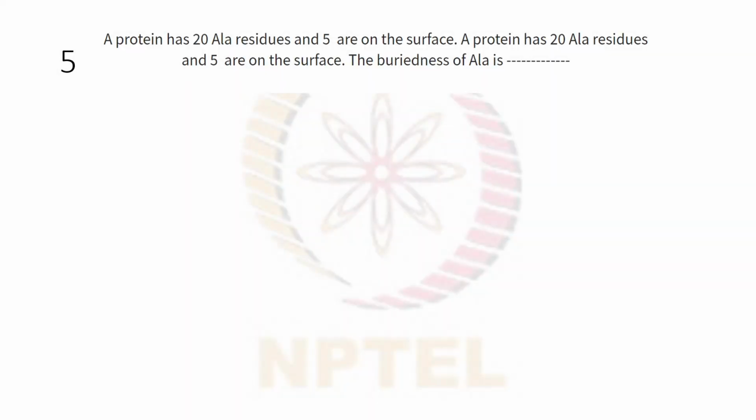Next, we'll start with buriedness and how to solve it. If a protein has 20 alanine residues and 5 of them are on the surface, can you calculate the buriedness of that alanine residue? I'm repeating the question again. A protein has 20 alanine residues and 5 of them are on the surface. Can you calculate the buriedness of that residue? I'll give you time to solve.